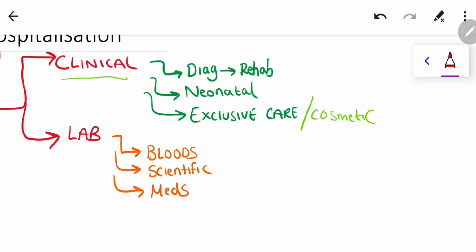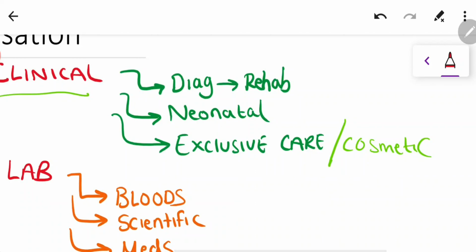So for clinical, what do these doctors do, right? Clinical wise. So first thing they do is they diagnose, and they do all the things in between until rehabilitation.